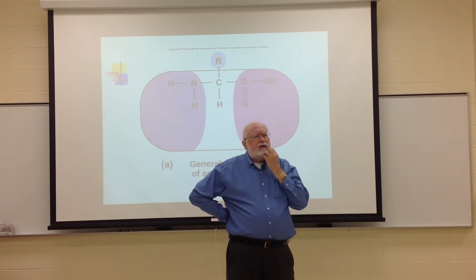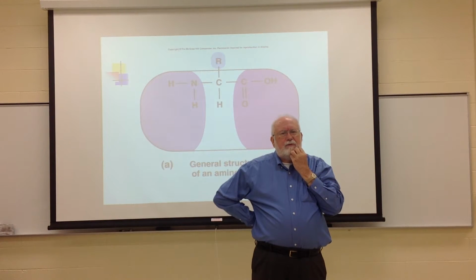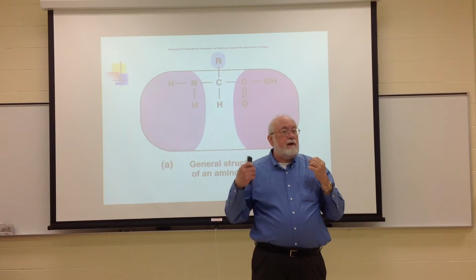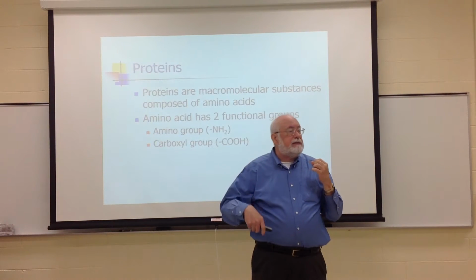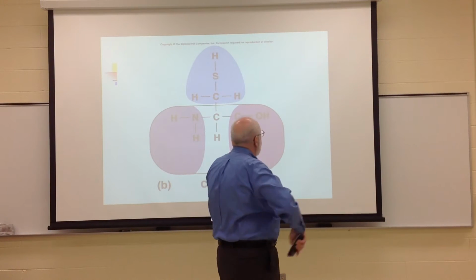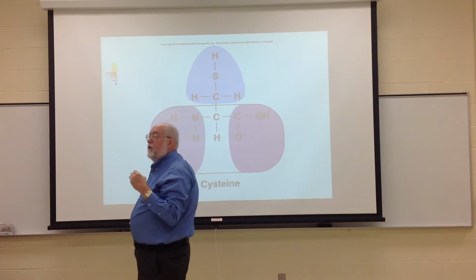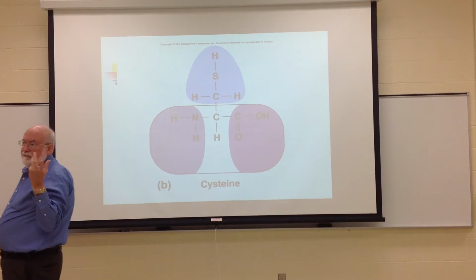Hydrogen and oxygen ratios are 2 to 1? No, it's not even close. And you can also have some other things thrown in. Now this one, the cysteine, oops, went the wrong way. All right, that one adds sulfur to the mix. There are a few others that may have a phosphorus.